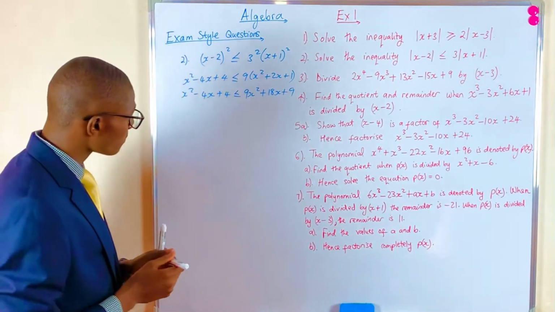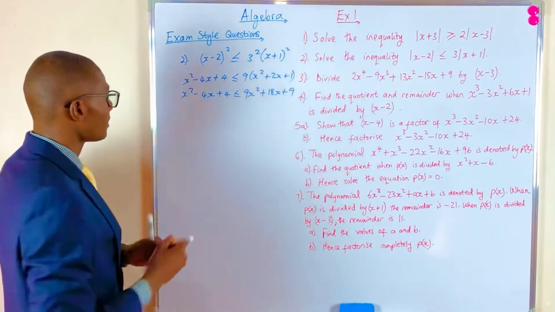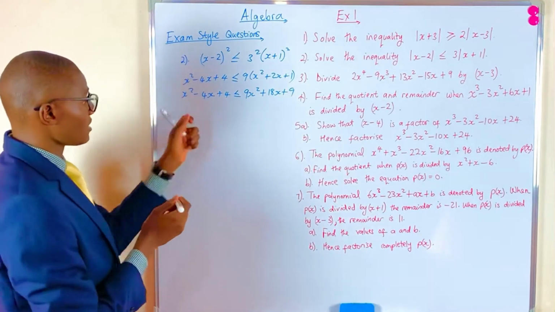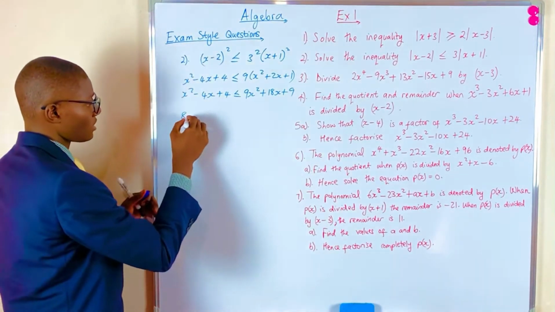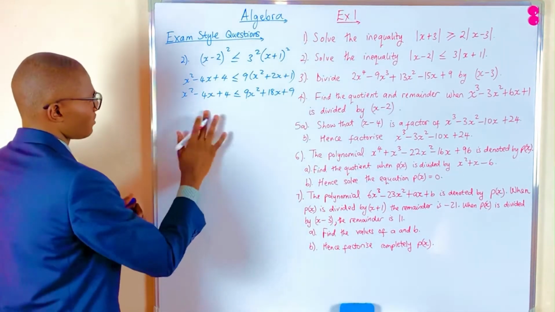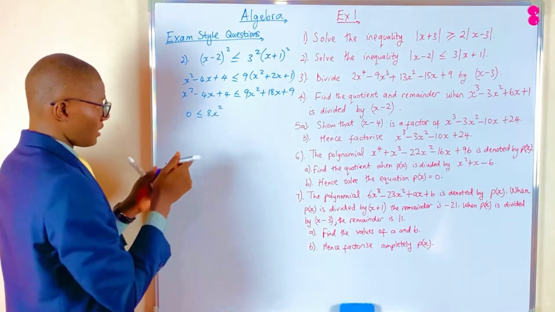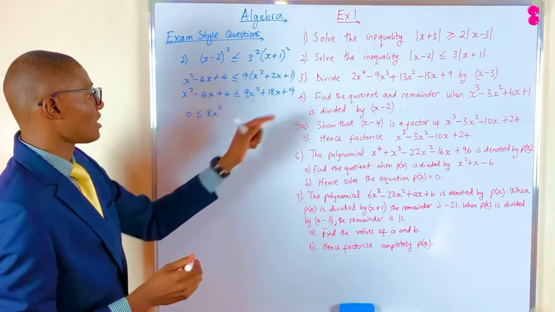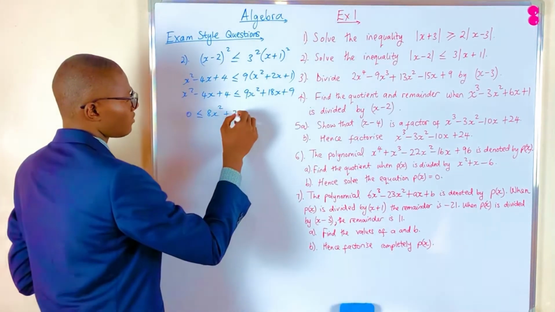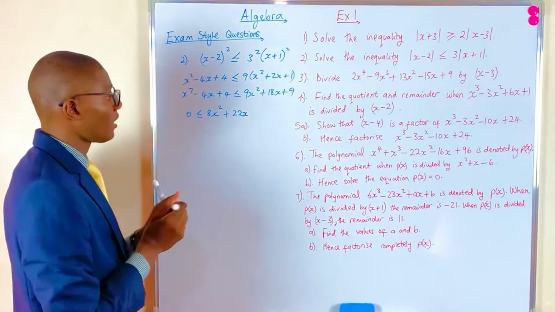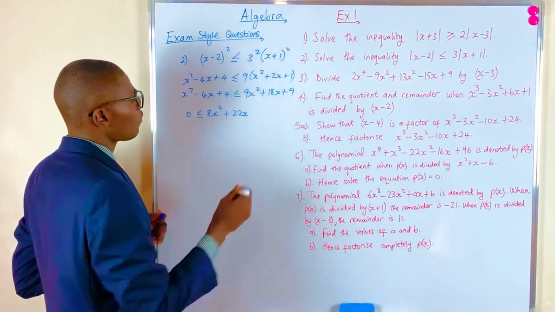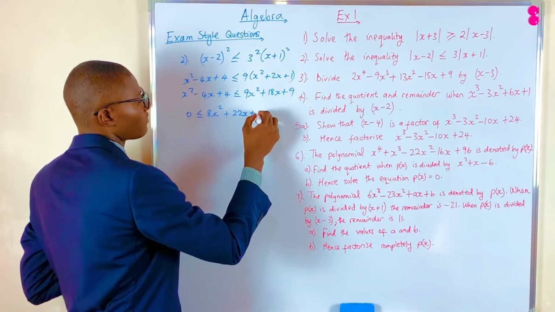So if we take what's on the left hand side to the right hand side, we're saying 9x squared minus x squared, we get 8x squared. Let me rather say 0 is less than or equal to 8x squared. Then 18x plus 4x, we get plus 22x. And then 9 minus 4, we get a plus 5.